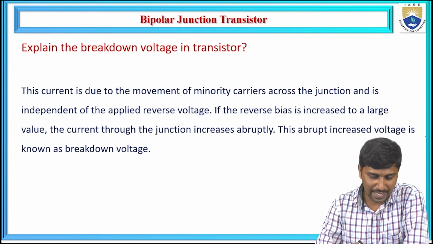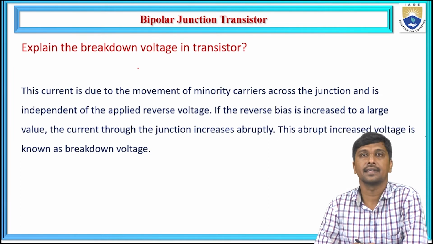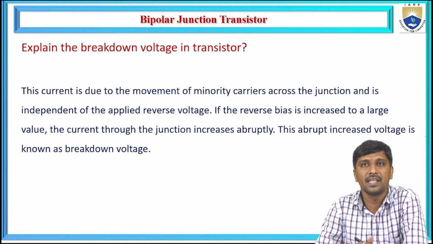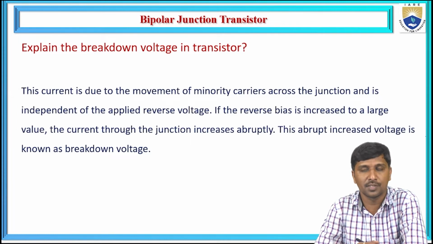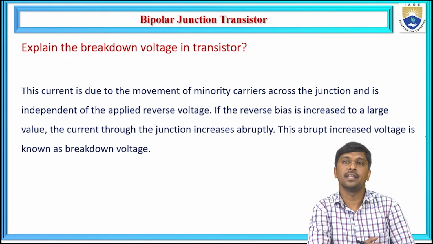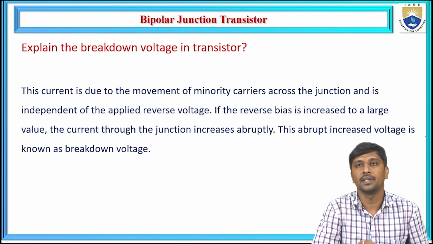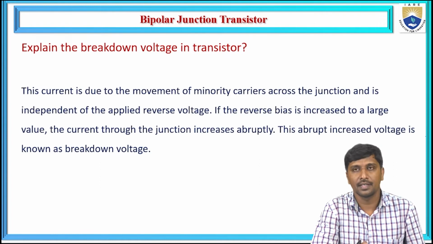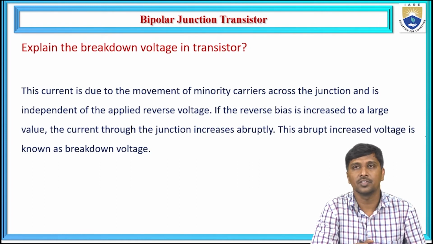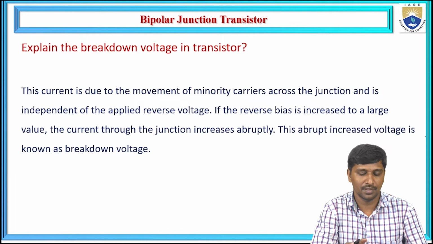Now explain the breakdown voltage in a transistor. What is the meaning of breakdown? When a large amount of voltage is applied to any semiconductor device or active component, it destroys the operation of that particular device.